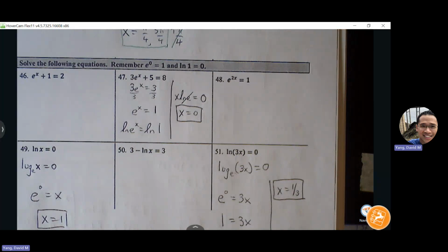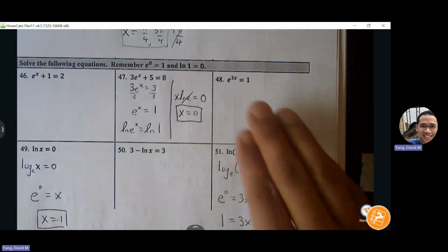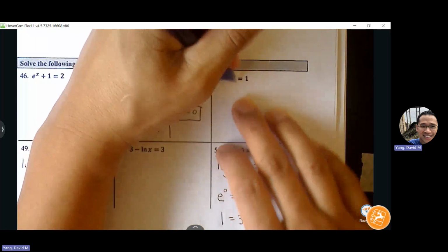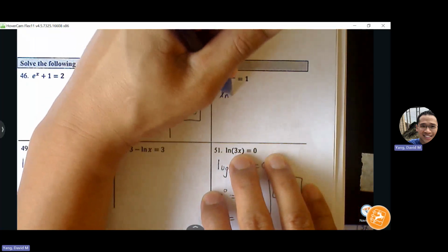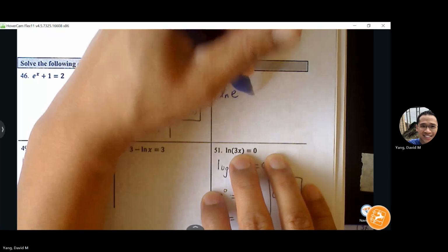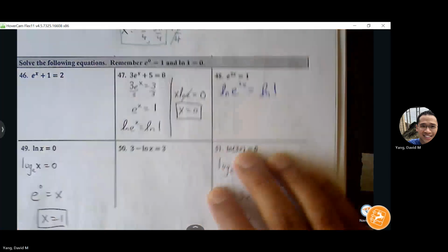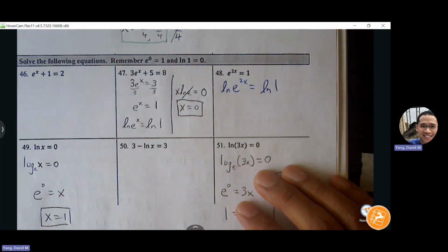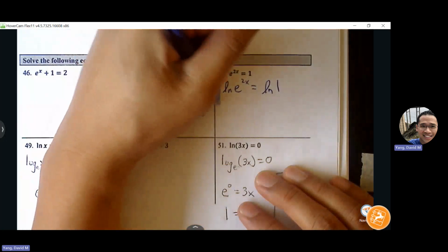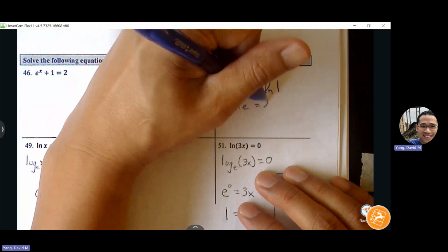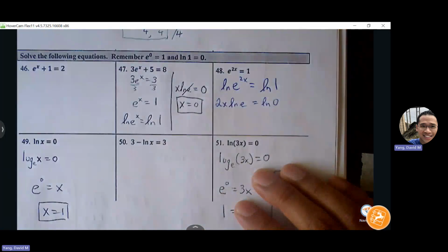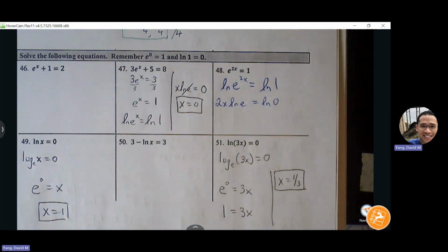I want to solve for x, but x is stuck in that exponent location. So we have natural log properties to help us with that. So I can take the natural log of both sides. Exponent is free to come down, so that exponent comes down. 2x natural log of e equals natural log of 1.